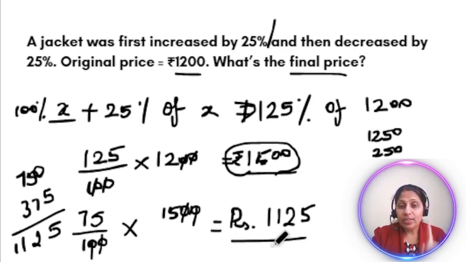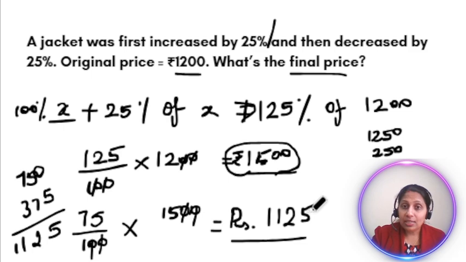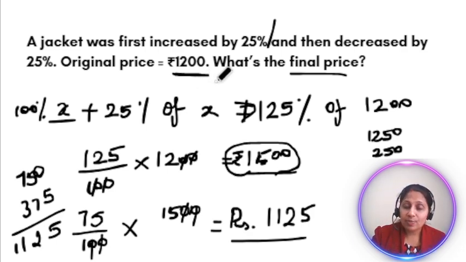Always remember, though it is increased by 25% and then decreased by 25%, the value is not the same. 1200 is increased by 25% and again it is decreased by 25%. It is not again 1200. The final price will not be 1200 again, because the decrease is applied to 1500 now, no longer 1200.